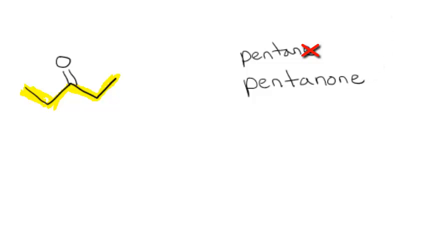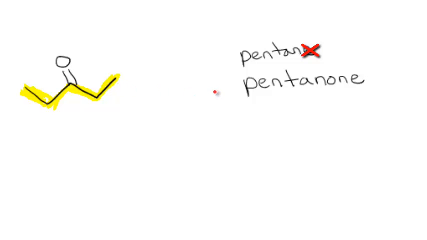Last thing we do in the case of a ketone is to identify where the carbonyl carbon is. So we make sure we number our chain so that the carbonyl carbon gets the lowest carbon number.